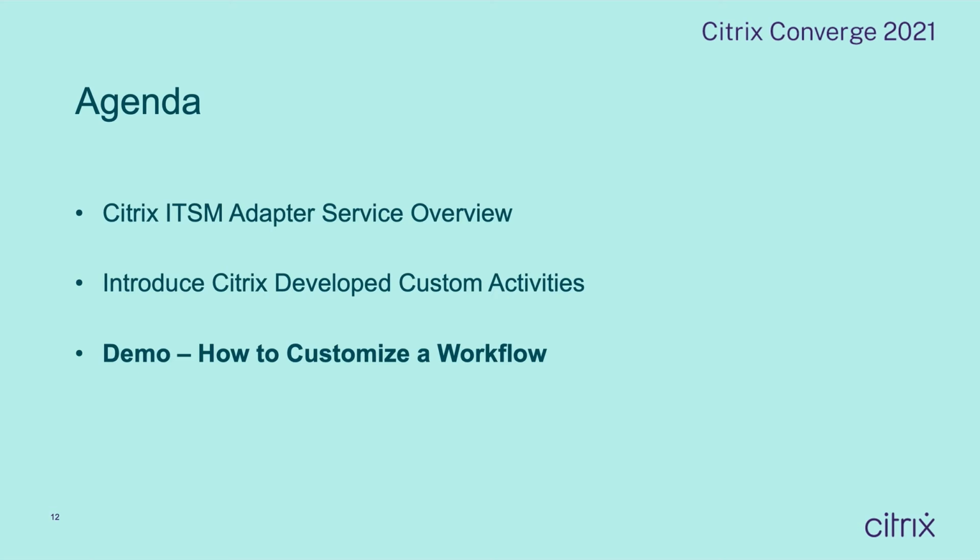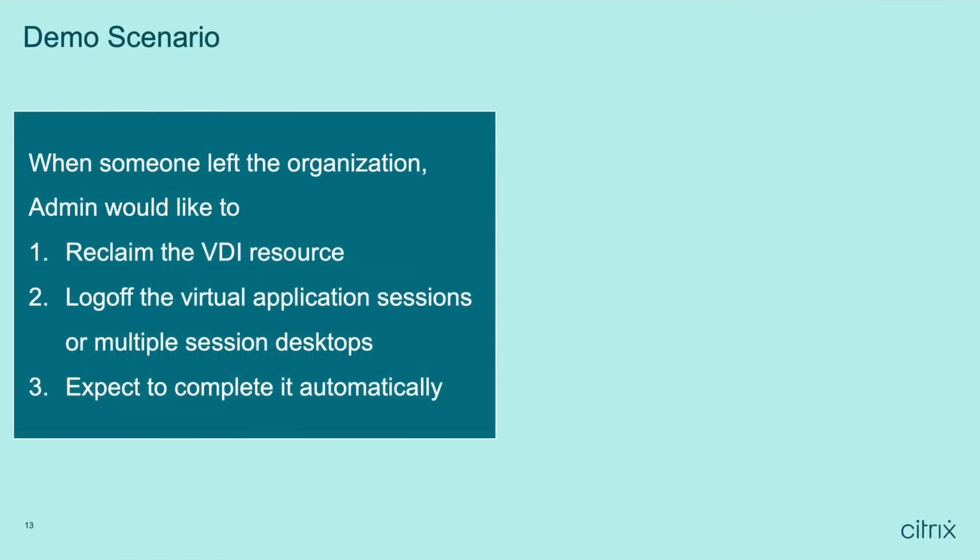Now, let's see a demo of how to customize a workflow based on those customer activities. Before we move to the demo, let's see the demo scenario. When someone leaves the organization, the admin would like to reclaim the VDI resource, or log off the virtual application sessions and the multiple session desktops, and they expect that to complete automatically.